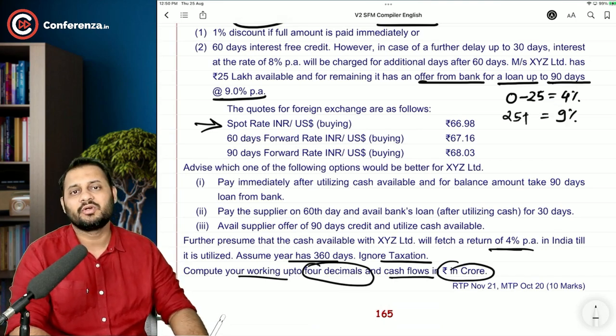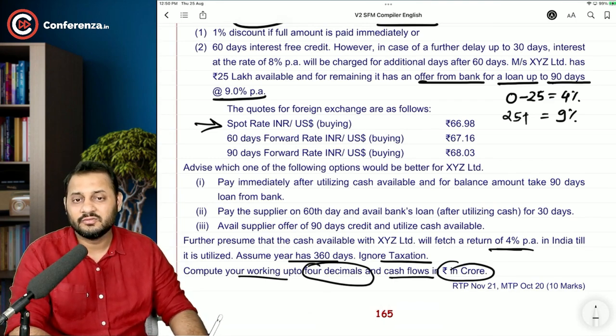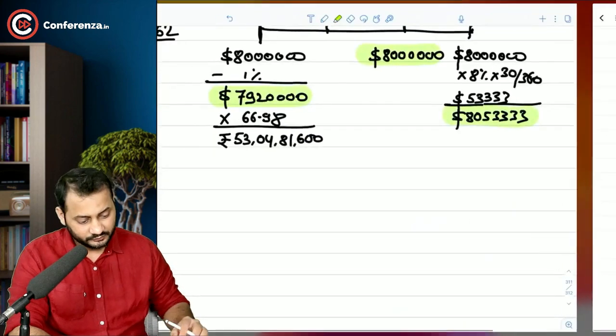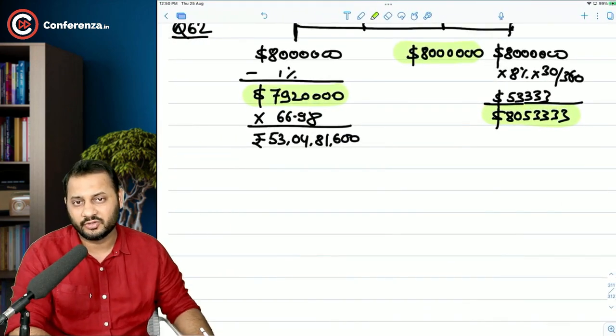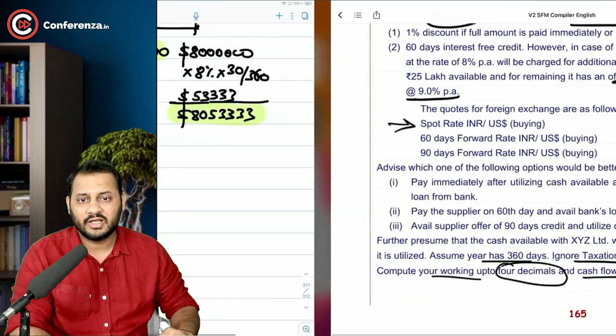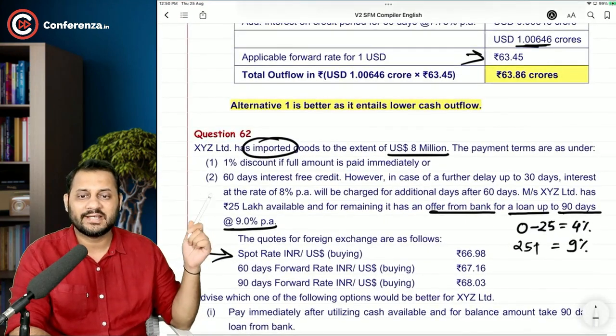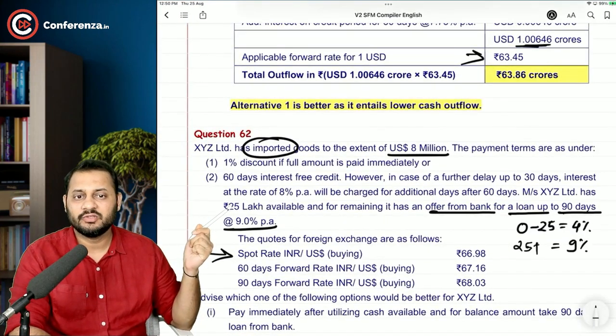This is how you have to consider it, because the first 4% will be lost. This will be an opportunity lost to you. So I am not going to borrow the entire 53 crore rupees. The 25 lakh rupees will be used by me first and then the balance will be borrowed.